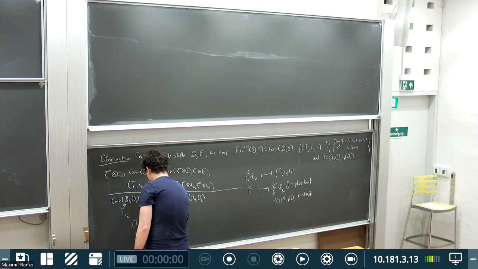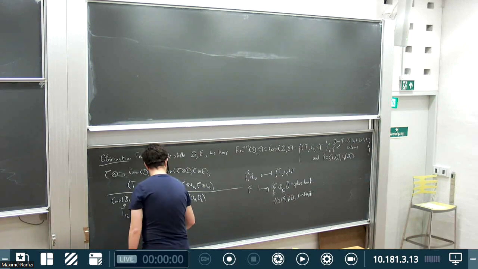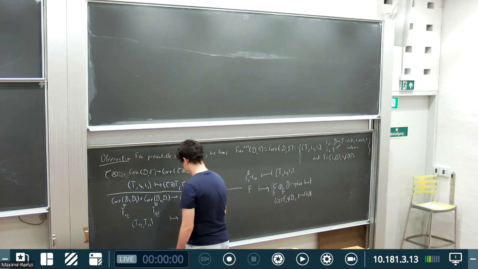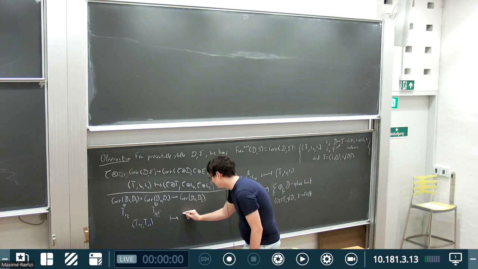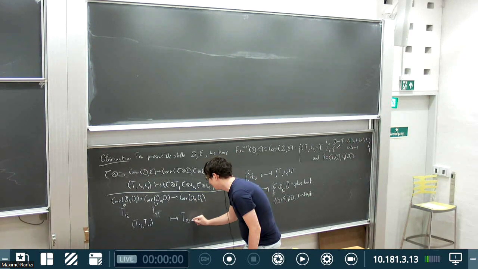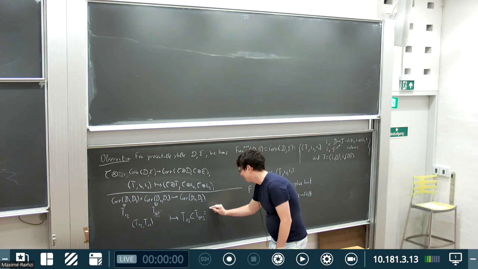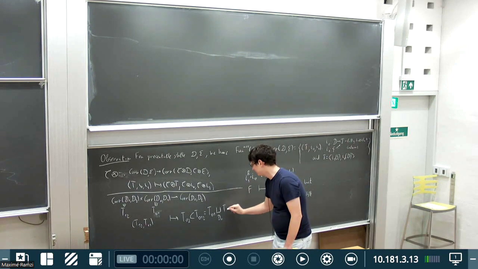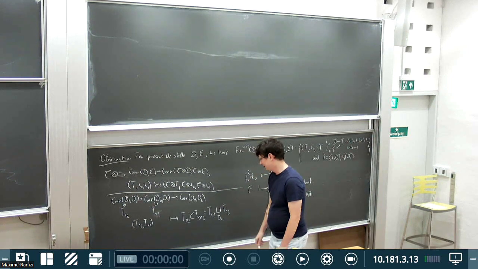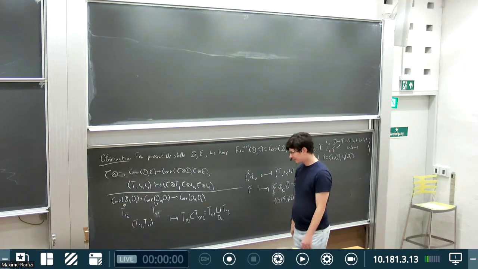Then this pair simply goes to the pushout, to a certain subcategory T02 inside T012, where T012 is the pushout, where you have embedding of D1 into both of these categories, and you take pushout in the diagram.